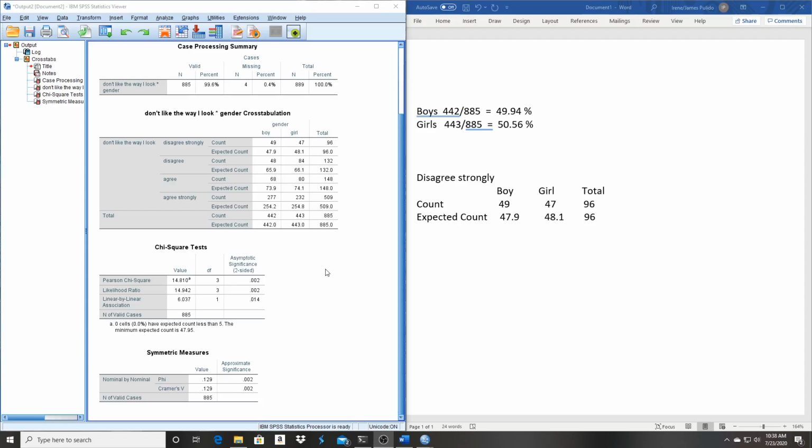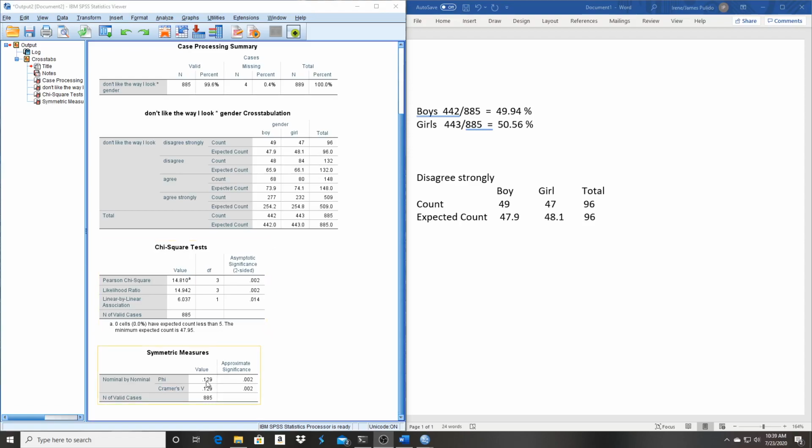So it isn't quite what would be expected. Another variable contributed to it. And then you want to look down here at the phi, the effect size. 0.129. You do it on a scale of 0 to 1, and you can tell me whether that's strong or weak, or I should say 0.1 to 1.